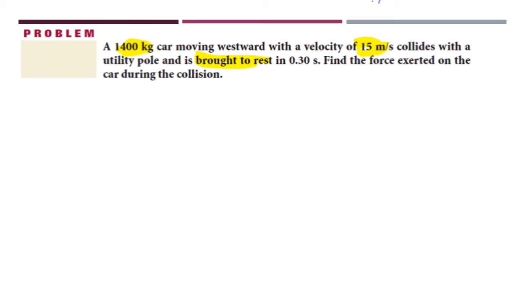And since we're moving westward with a velocity of 15, my initial velocity is negative 15. So I can get my change in momentum because it's mv final, the 1400 times 0, minus mv initial, the 1400 times negative 15. So let's see what that looks like.